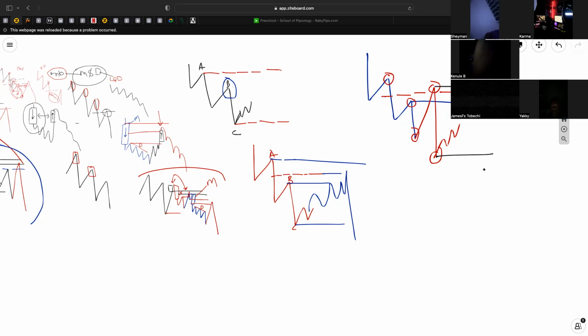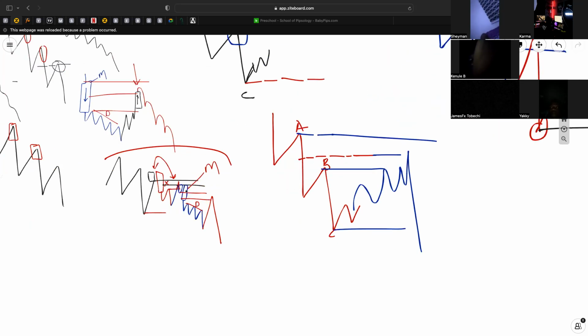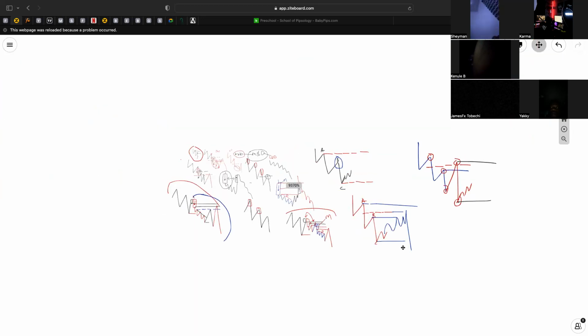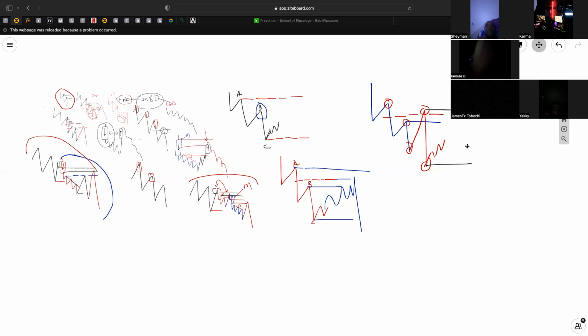So let's now go back to this one here. This is the basic trading range that you can find. This is the basics, as today is the second class.